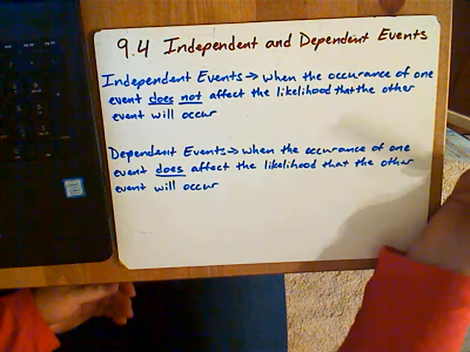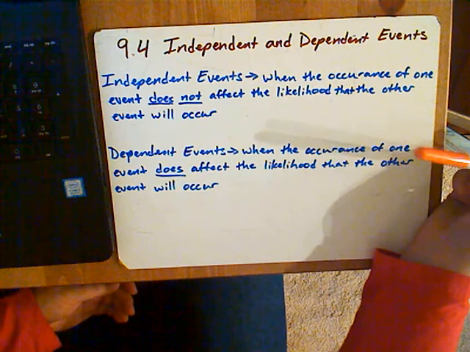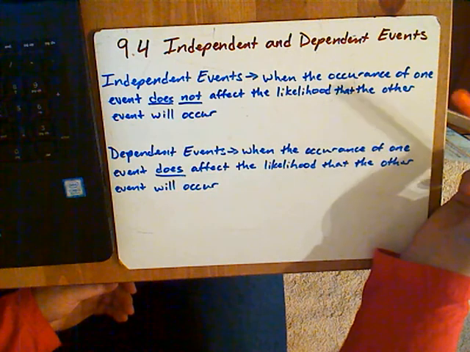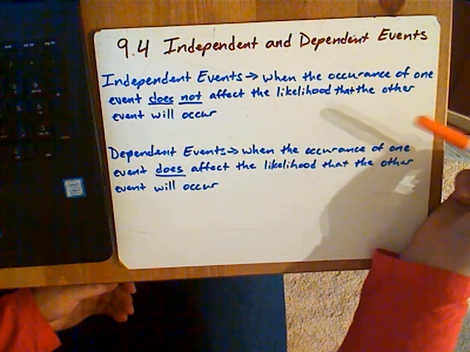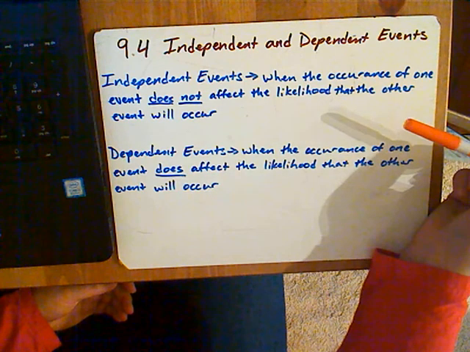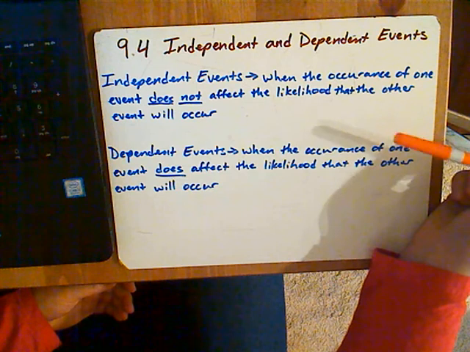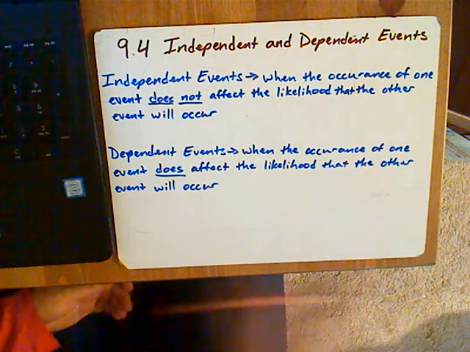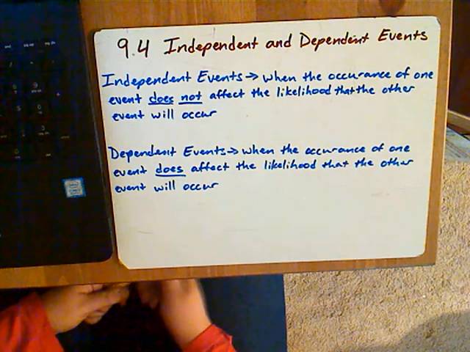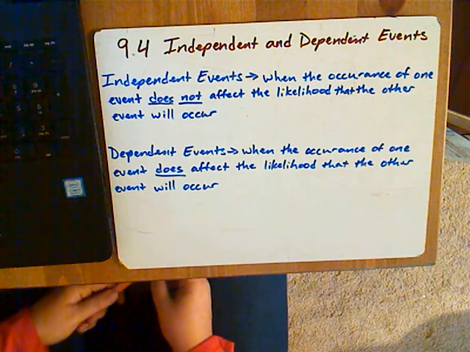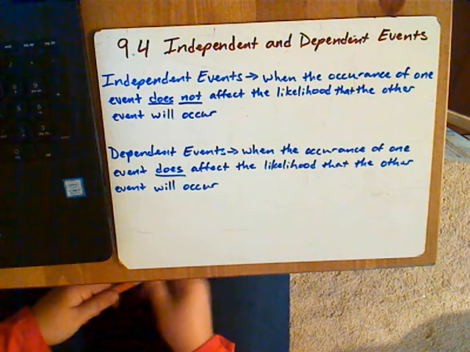So independent events: when the occurrence of one event does not affect the likelihood that the other event will occur. Dependent events: when the occurrence of one event does affect the likelihood that the other event will occur.